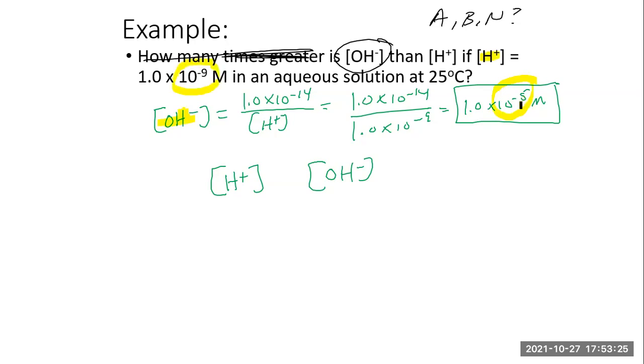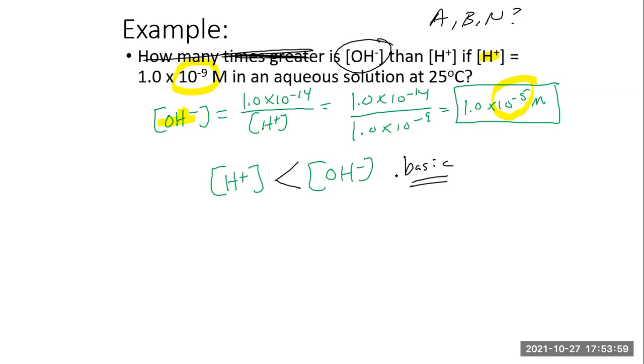Again, the smaller negative exponent is the larger number, which means in this particular case the OH minus concentration is larger than the H plus concentration, and that would tell us that this is basic. Any questions on how to use KW or punch it in?